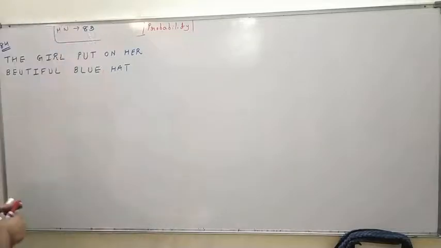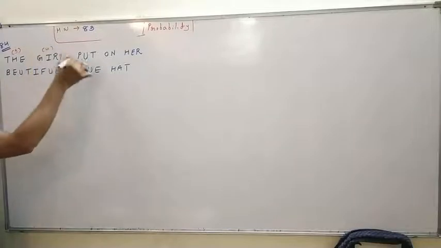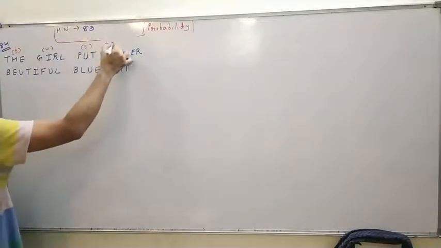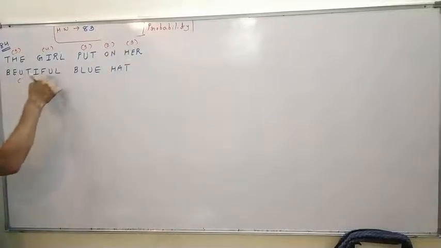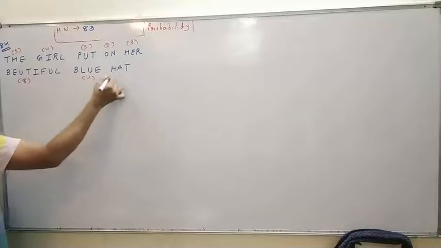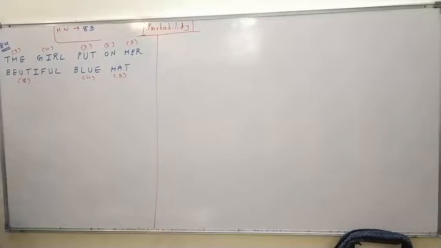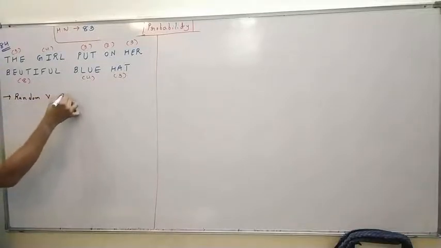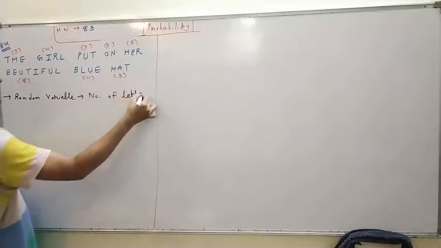Okay. So now here in the first word there are 3 letters. In the second word 4 letters, 3 letters, 2 letters, 3 letters, 8 letters, 4 letters and 3 letters. So in different words there are different numbers of letters. Here the random variable is the number of letters in a word.